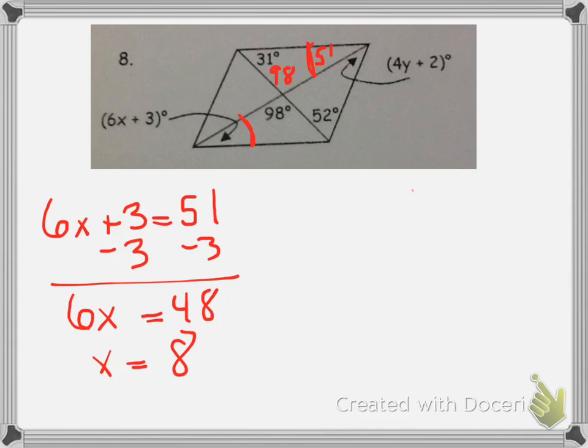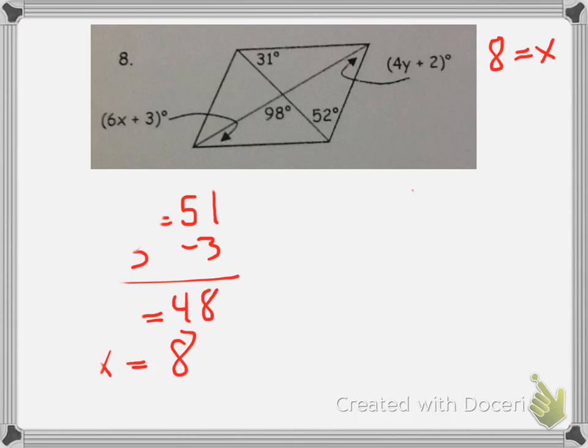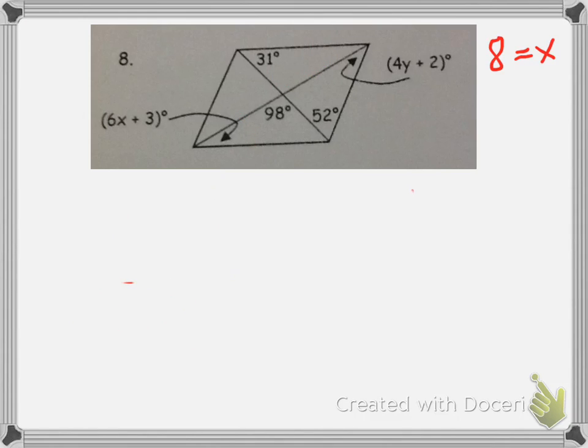Okay, I'm going to write this here: x equals 8. So let's go ahead and erase this. We know that this one is 51. Now we have this y here, so we want to find out what this one is.